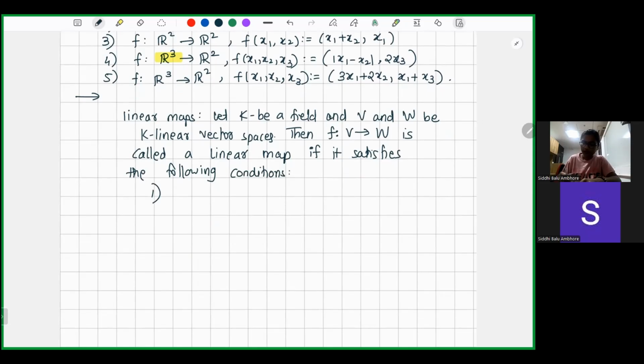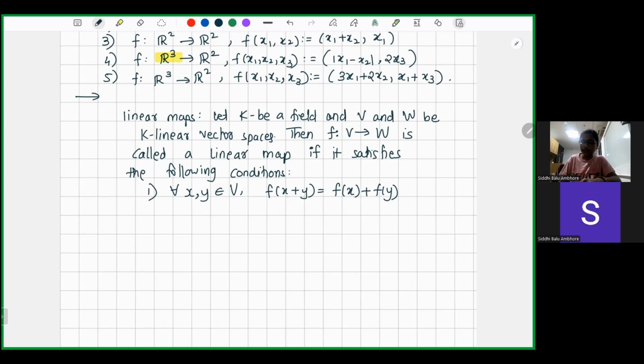First one is for all x, y in V, f of x plus y is f of x plus f of y.